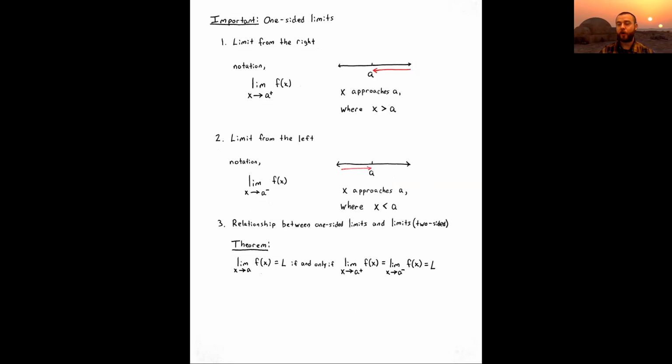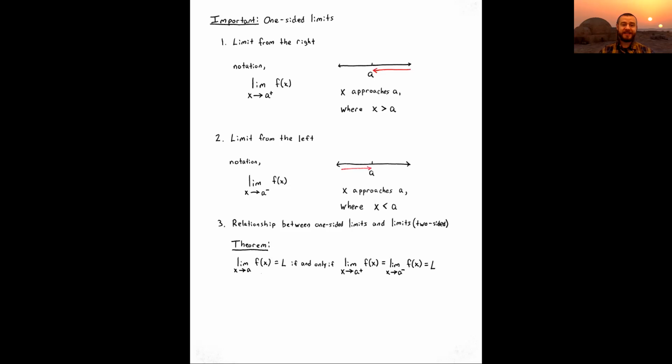So sometimes we'll just call those limits. If we need to emphasize, we'll call a limit a two-sided limit. So there's a difference here between the one-sided limits and a two-sided limit. Now the relationship between those two related concepts is stated here as an important theorem.